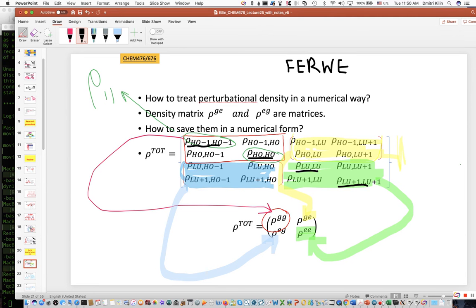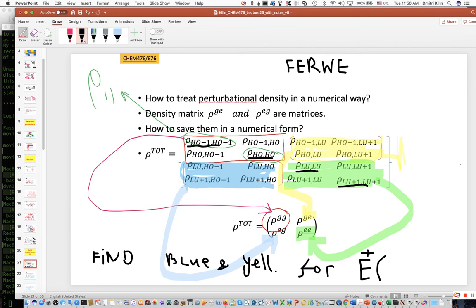So find blue and yellow for a specific provided electric field and frequency of the electric field. So if you shake the system with an electric field of certain wavelengths, it will or it will not respond to such perturbation.